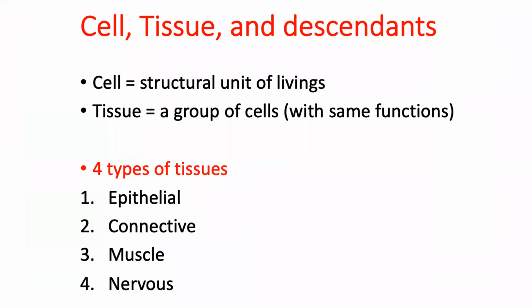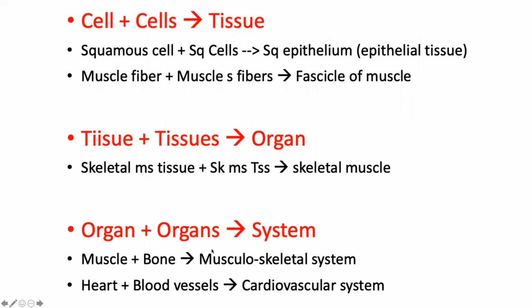We were talking about cells and tissues, and we know that a cell is the structural unit of living things, and a tissue is a group of cells with the same function. We know that there are four types of tissue in our body: epithelial, connective, muscle, and nervous tissue. Today we are focusing on muscle tissue.